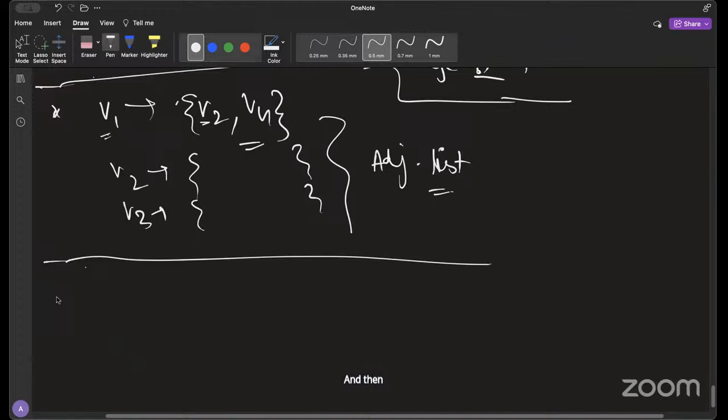And then we'll discuss the BFS and DFS approach. BFS is basically breadth first search. Let's just have a graph first. Let's just say you have this thing.